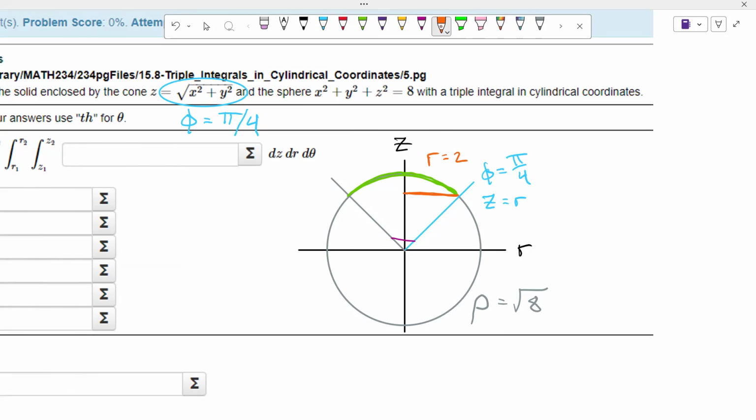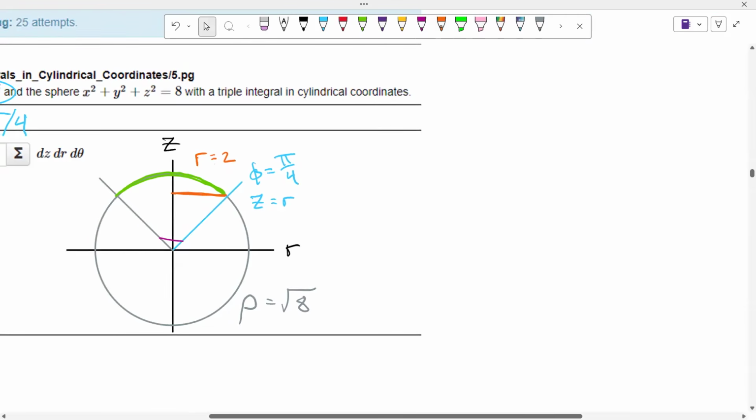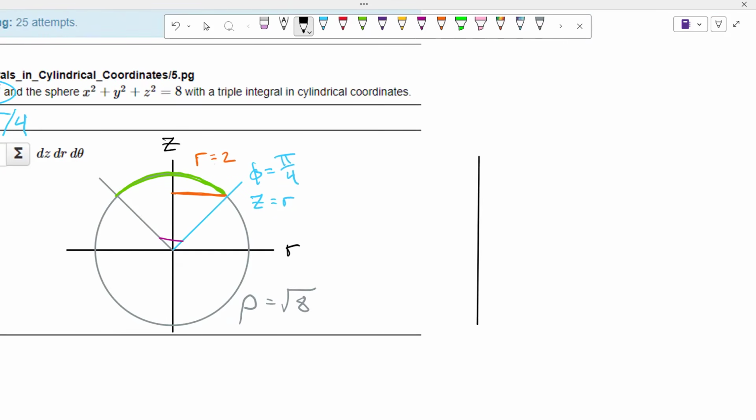So what gives? Well, because we're evaluating this thing in cylindrical coordinates, I need to project the intersection of the cone and the sphere down into the xy plane. So we're going to go and do this again with y up here, x right there.